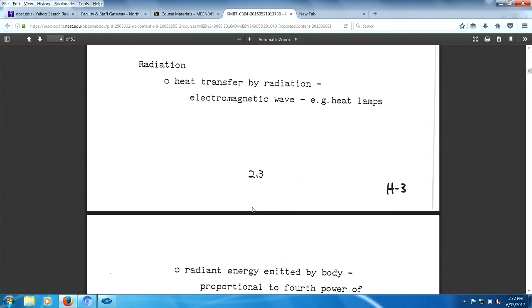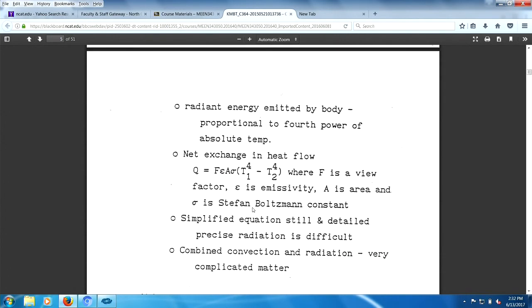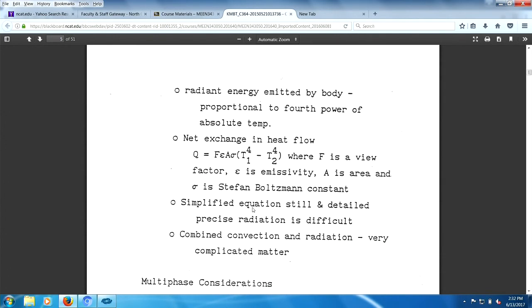Radiation, electromagnetic waves, and you have the fundamental equation for that: one surface is at temperature T1, the other at temperature T2. You have the fourth power, the Stefan-Boltzmann constant, the view factor F times the area A, and then the emissivity.